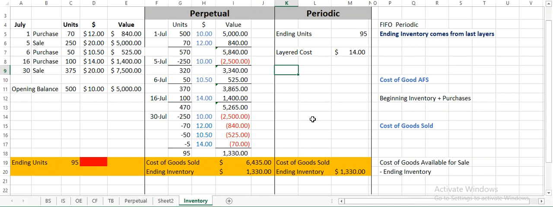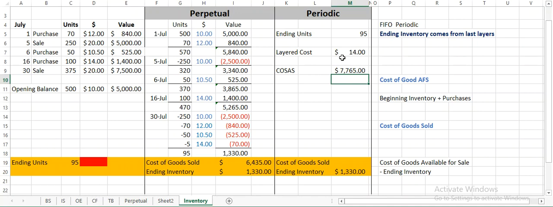Our cost of goods available for sale, we would have calculated that to be the total of the opening balance, 500, plus all of our purchases, the 840, the 525, and the 1400 are what make up the balance here.